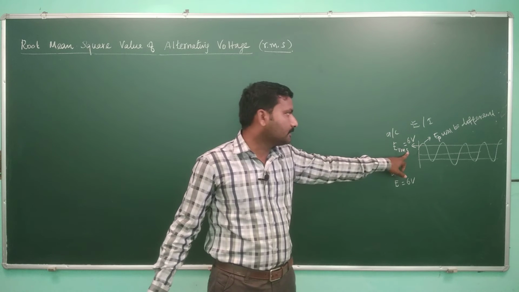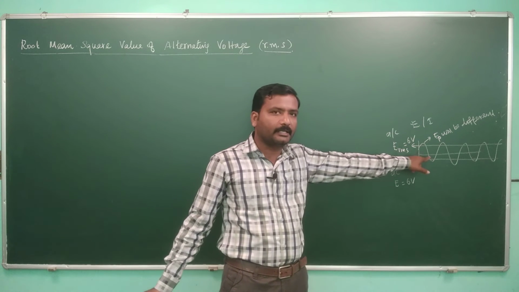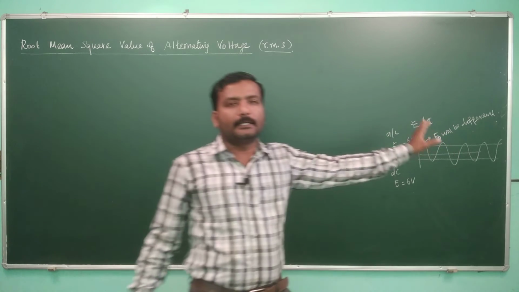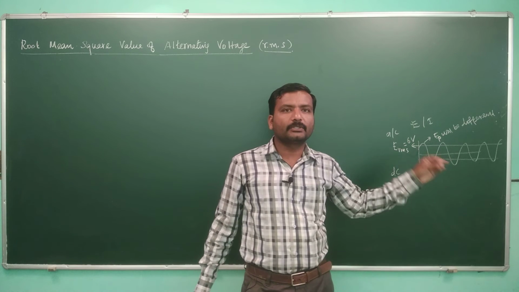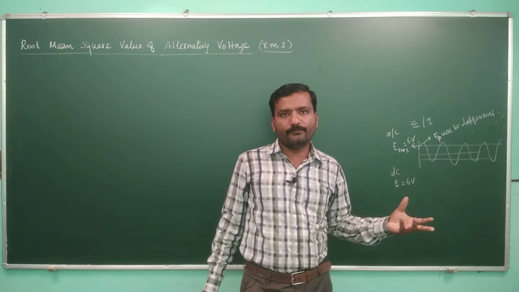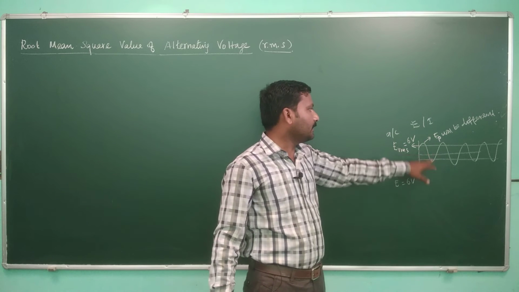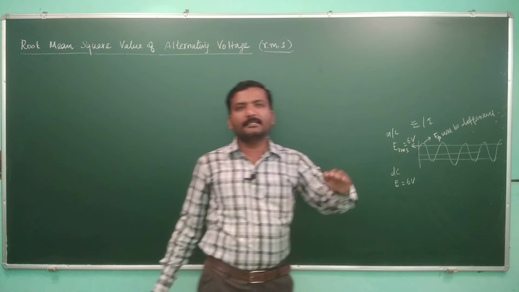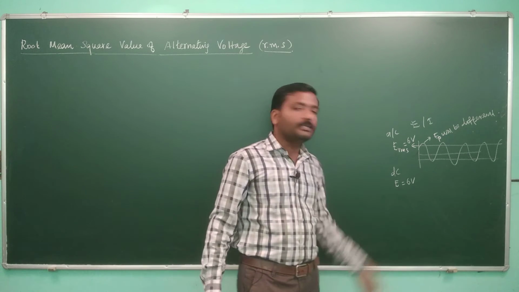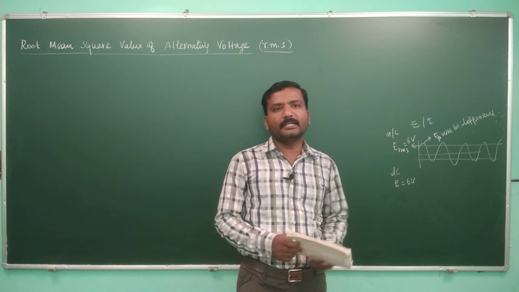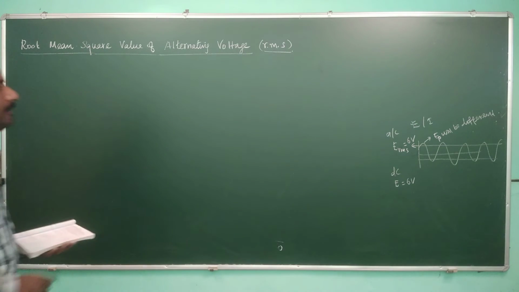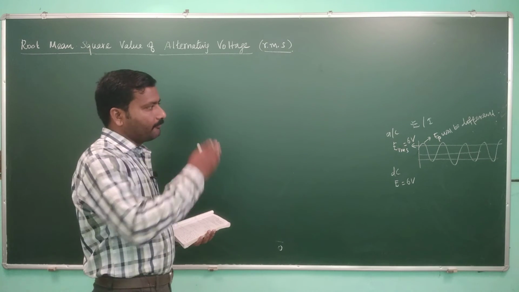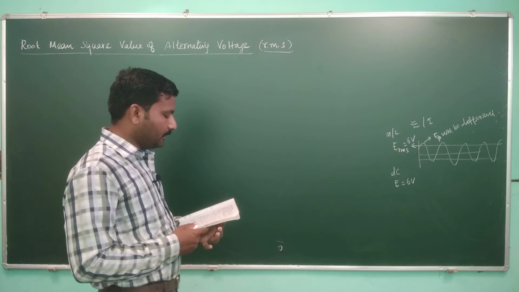If this effective value 6 volt for this alternating current is equal to the DC voltage 6 volt, which means if you apply this to a bulb, both will glow with equal brightness, which means this alternating current, whose peak value is EP, effectively functions like a 6 volt DC. So that is root mean square value. In one word, it is an effective value of ever changing current and voltage.